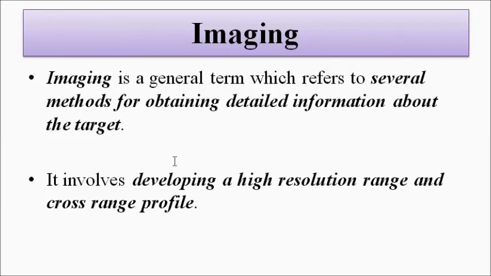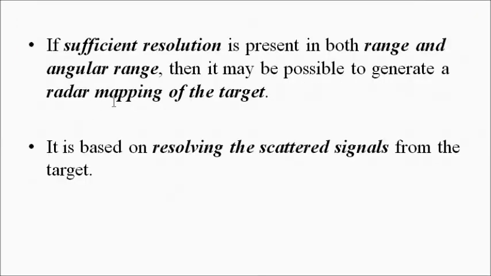That is, the information obtained about the range and angular position is very accurate. Only then can we form a detailed, accurate image of the target, depending on the reflected echo signals from the different points of the target. We can form an image profile.